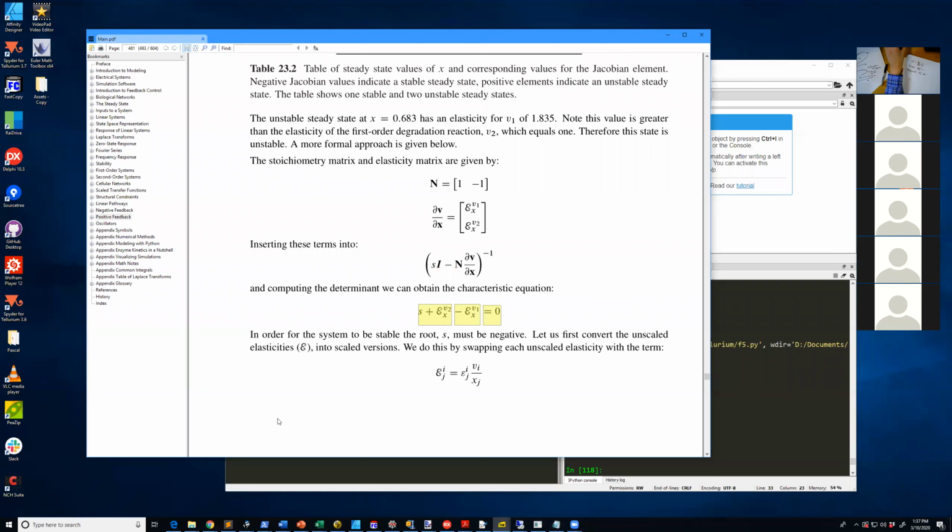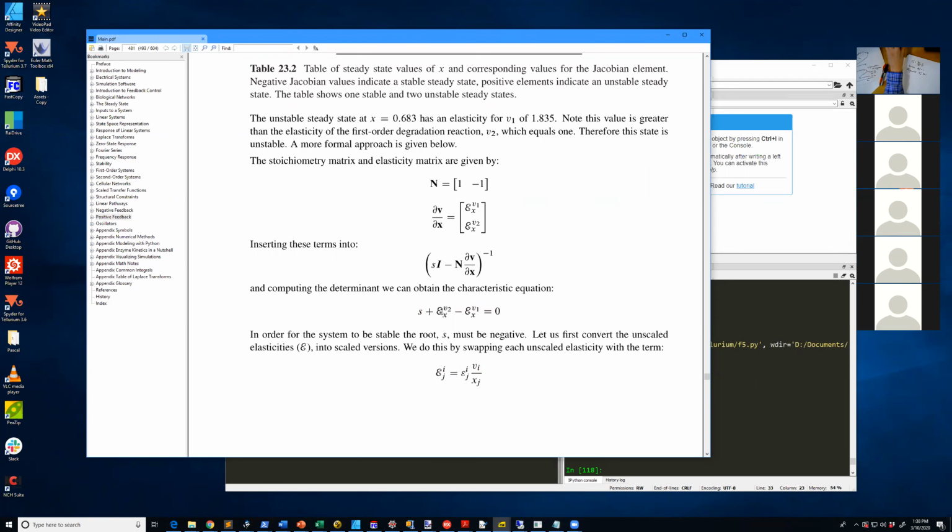What we need to know is under what conditions is S negative? Because if S, which is a root, is negative, we know it's stable. To make things easier, I'm going to convert everything to the scaled elasticities. And remember, we had this relation last time: the unscaled elasticity is just the scaled one times V divided by X.